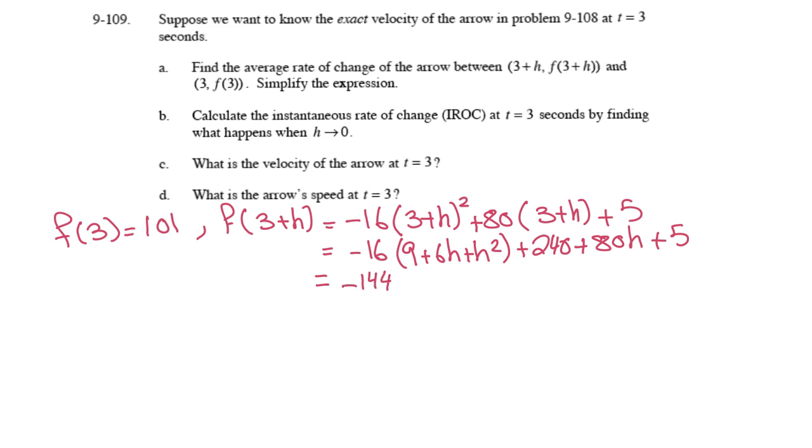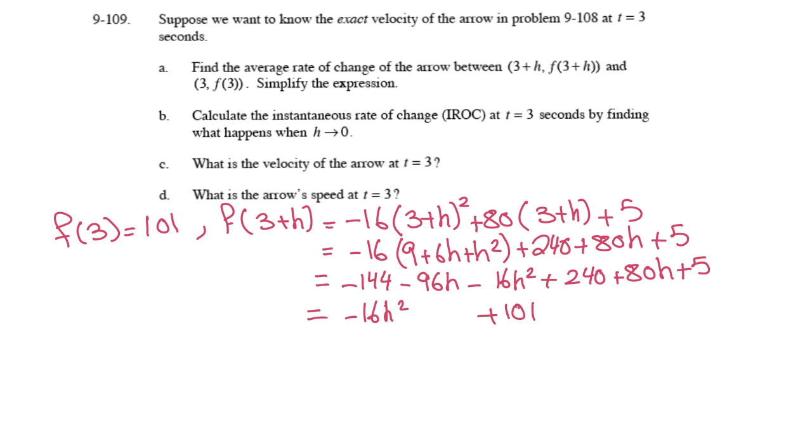Negative 16 times 6h is negative 96h, minus 16h squared, plus 240 plus 80h plus 5. Now, simplifying further, I have negative 16h squared. Adding the like terms, negative 144 plus 240 plus 5 is equal to 101. And negative 96h plus 80h is equal to negative 16h.